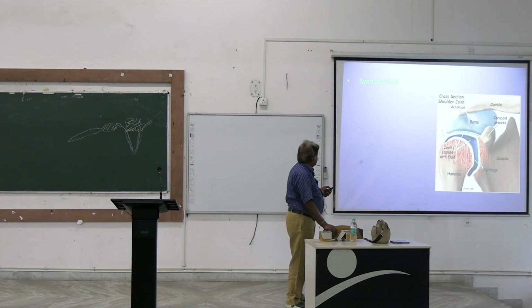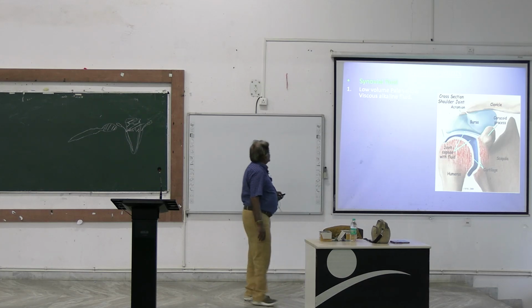Now, cross section of the shoulder joint: acromion, clavicular, bursa is there, coracoid process, capsule. This is the cartilage, yeah. This is the cartilage. This is the upper end of the humerus with capsule with fluid.